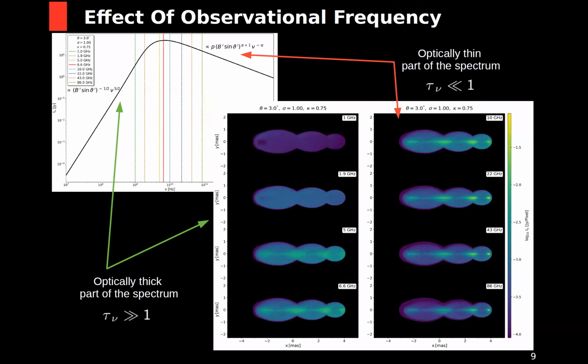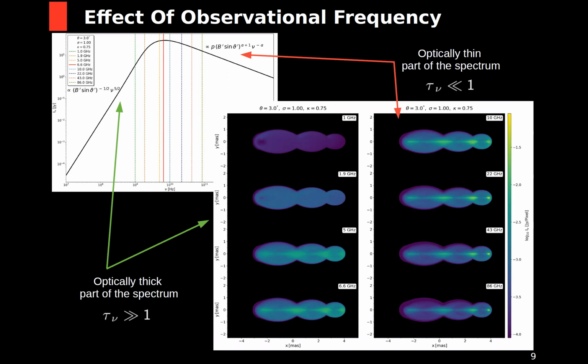This would be a case where we have a viewing angle of 3 degrees, sigma 1 and kappa 4.75. This is generally the case which I will mostly show. And when you go into the optically thin part, then things become different. By solving this, it really depends upon the magnetization.